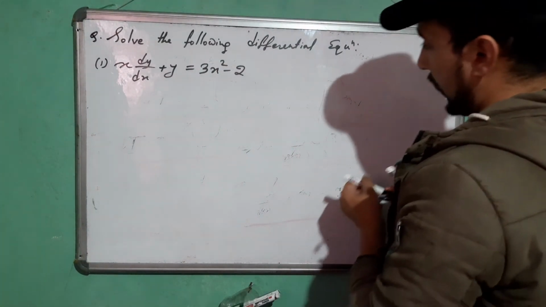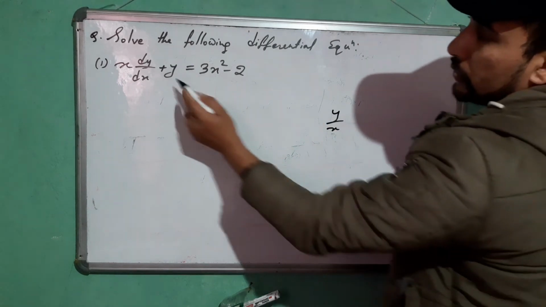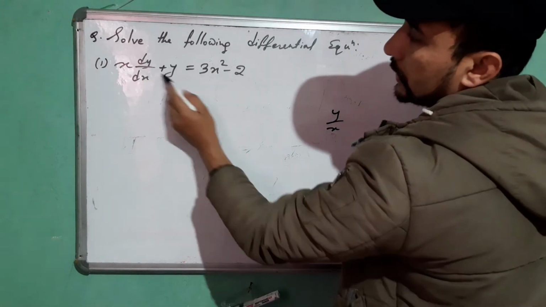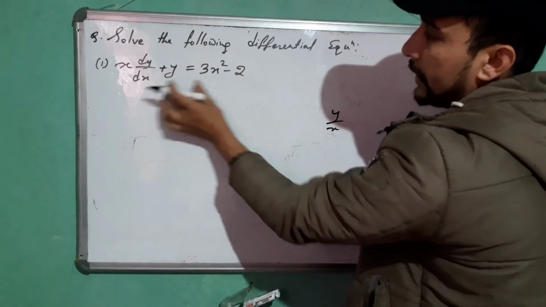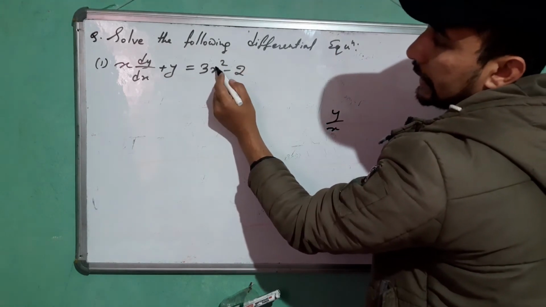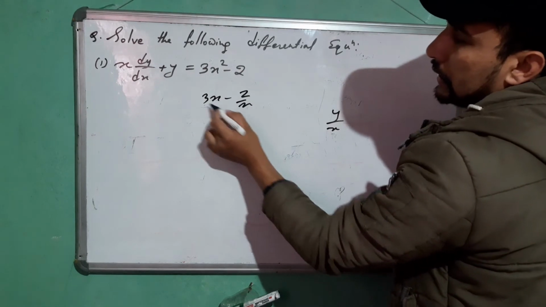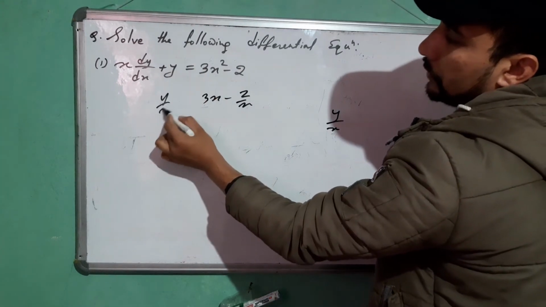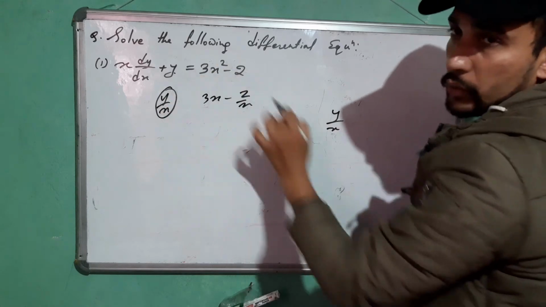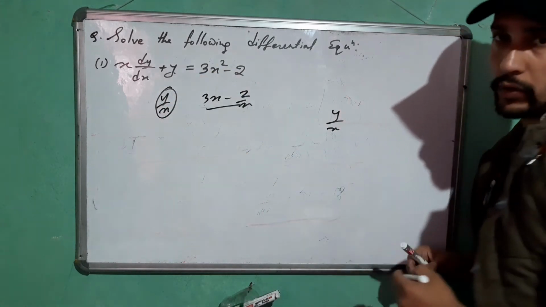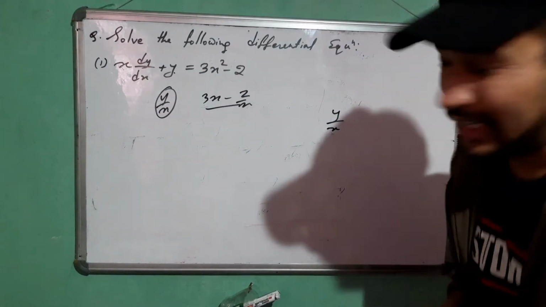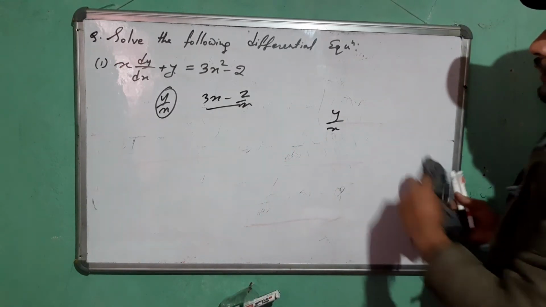You have to get y by x form. So divide this equation by x. So x comes here, y by x, no problem. We got y by x, but this side you'll get x minus 3x minus 2 by x. Here you got y by x form, but for this side we have not got y by x form. So it is not a homogeneous differential equation.